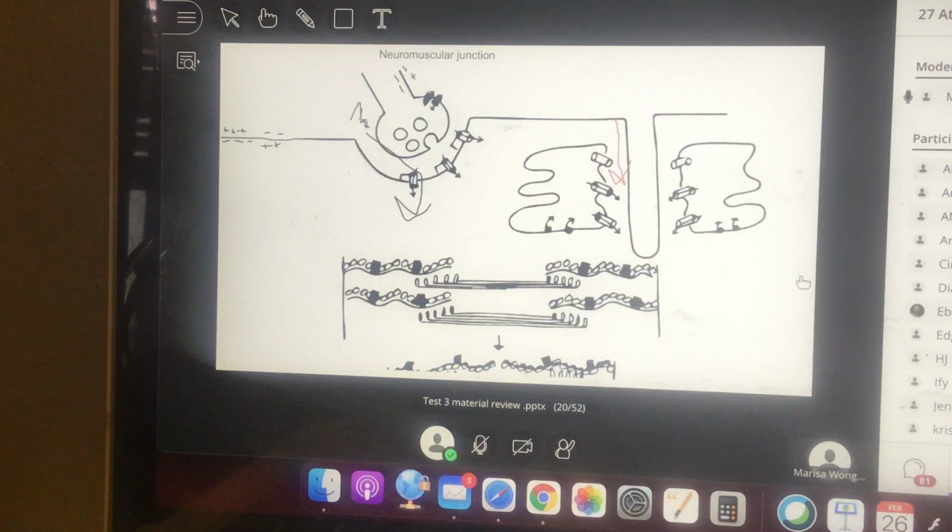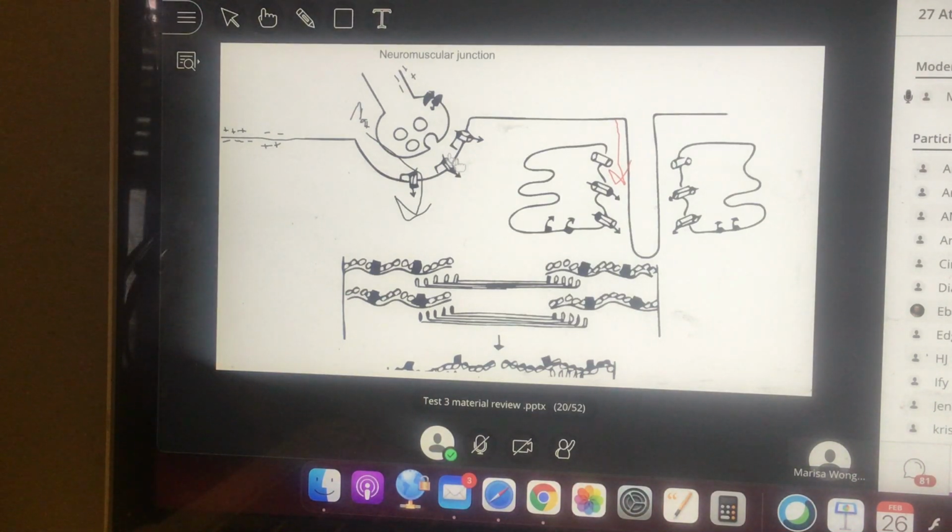HJ asks, does the acetylcholine help calcium contract? The acetylcholine is the neurotransmitter in here, right? That's what's inside the bubble, the little synaptic vesicle. So the acetylcholine is what triggers the action potential in the muscle cell, which eventually is going to lead to the calcium being released.